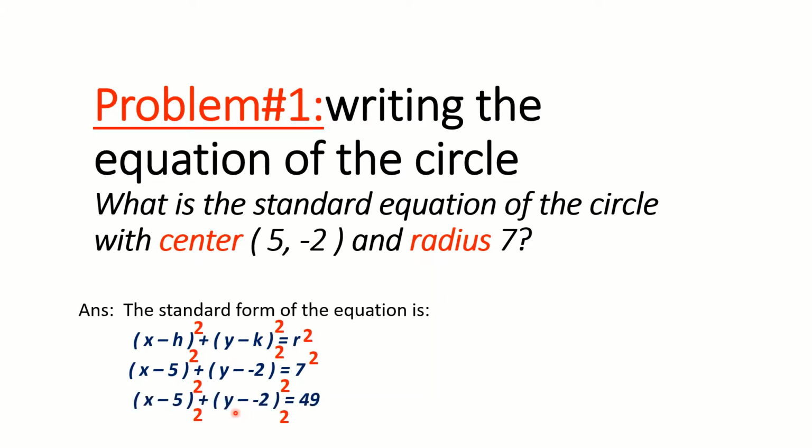Then finally (x - 5)² + (y + 2)² is equal to 49, because 7 squared is 49. Even further you can simplify this, minus will turn into plus. So (x - 5)² + (y + 2)² = 49.